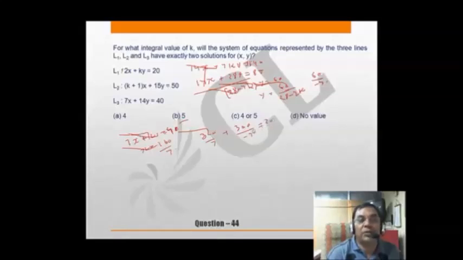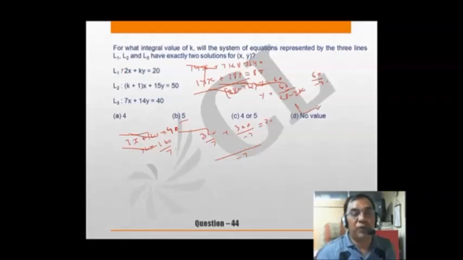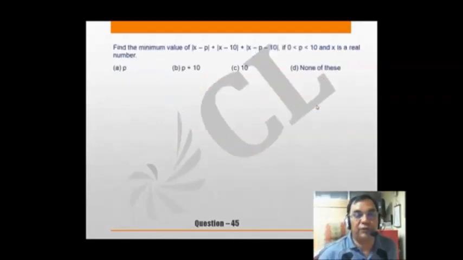Oh, this is not possible. So no value, because whatever value we are getting, we are not able to justify the logic with it.